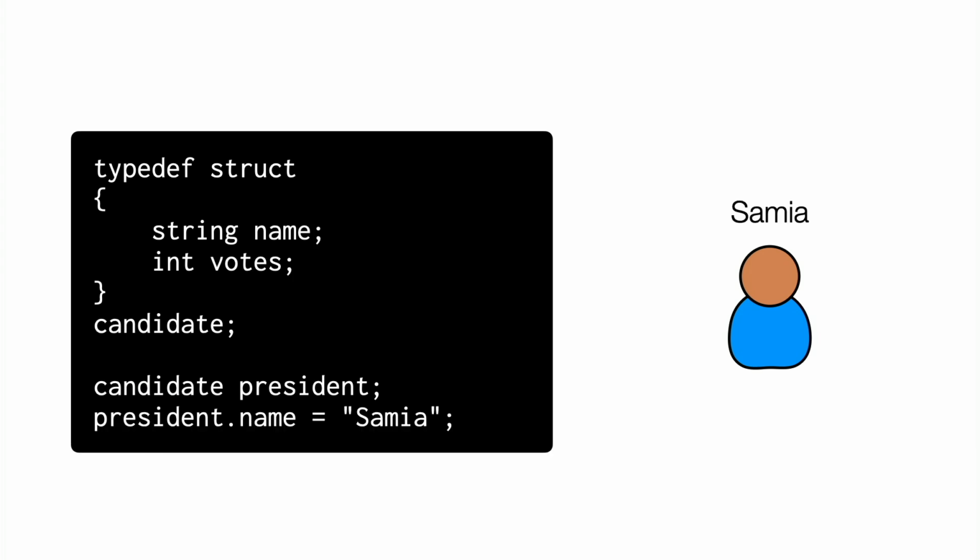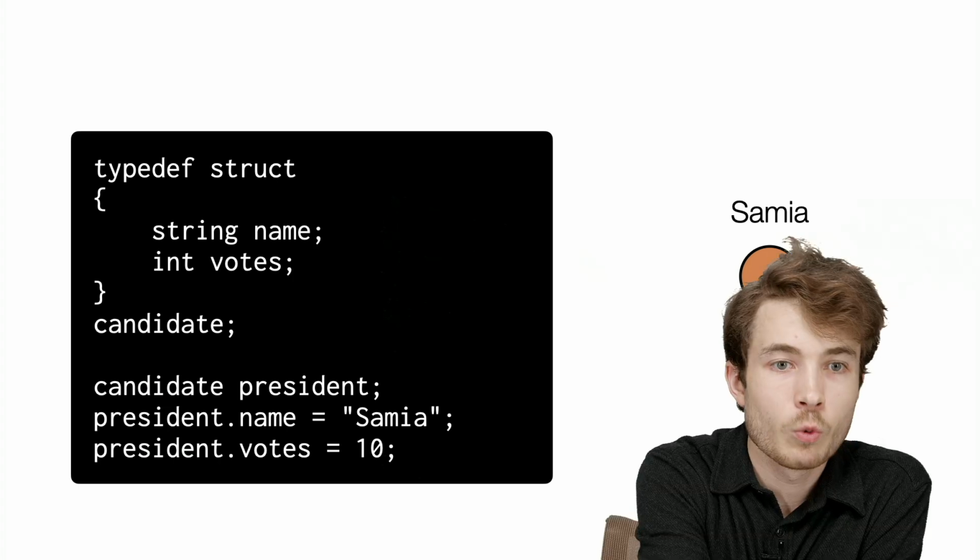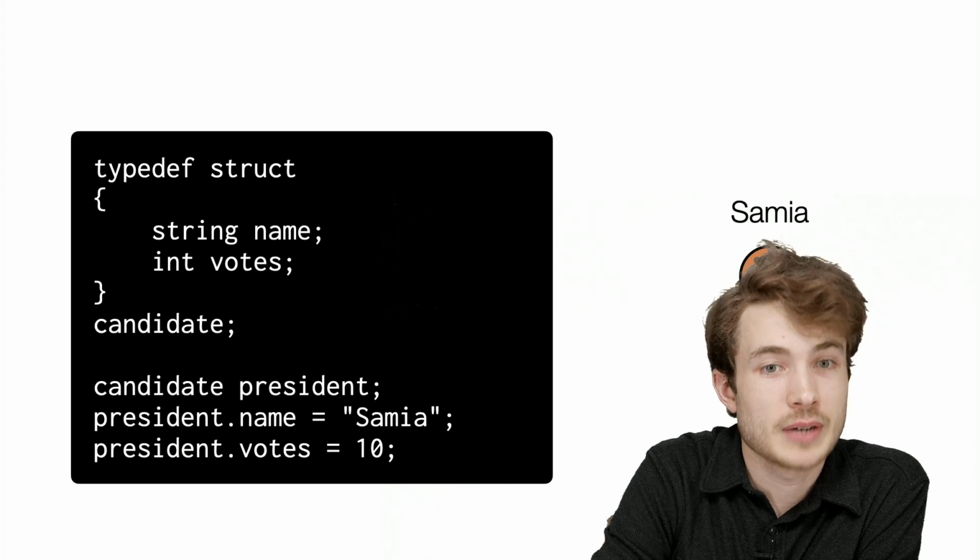We could say president.name equals whatever name we have for them. So in this case, Samya. And now, if we want to give them some number of votes, we could say president.votes now gets the value 10. So notice here on the line below our typedef struct, we're saying candidate space president.